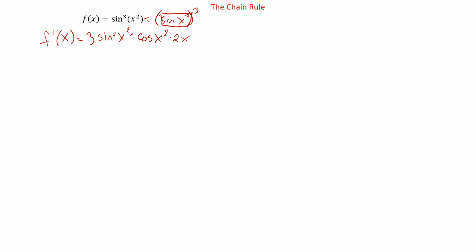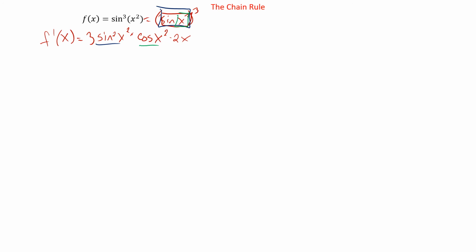So notice here we had the big thing cubed, got us there. And then the inside, we had something of x squared, got us there. And then the derivative of that was just 2x.